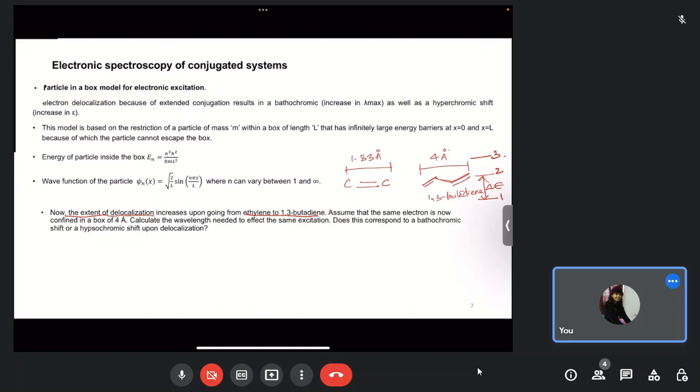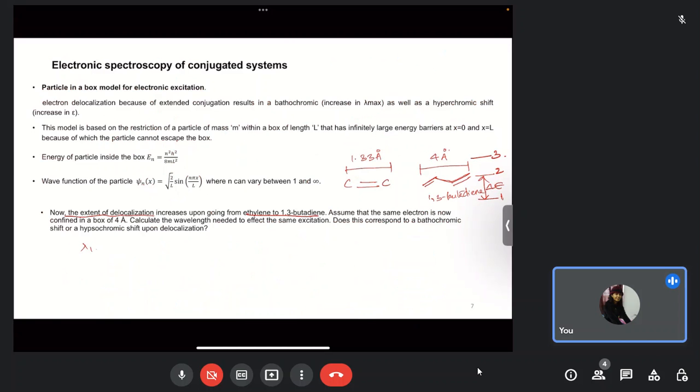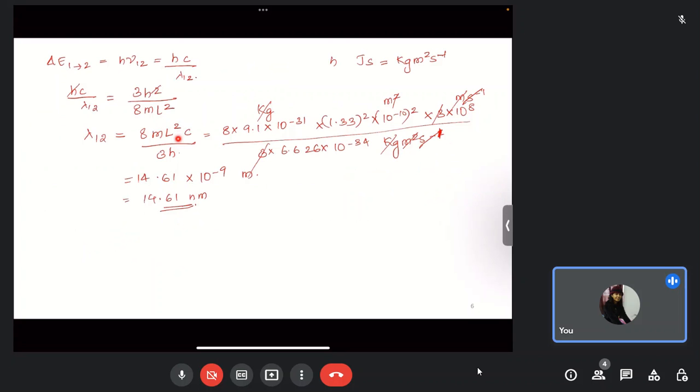We had seen in the previously derived formula, lambda 12 is equal to 8 ml square C by 3H.